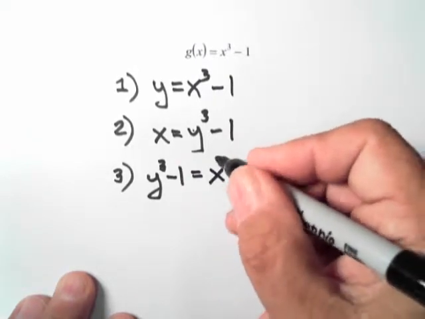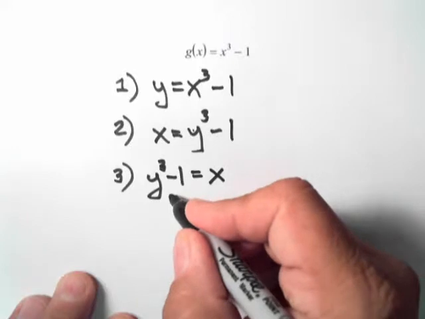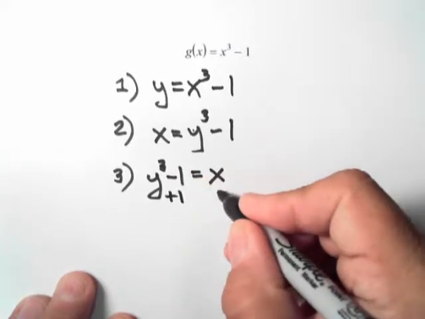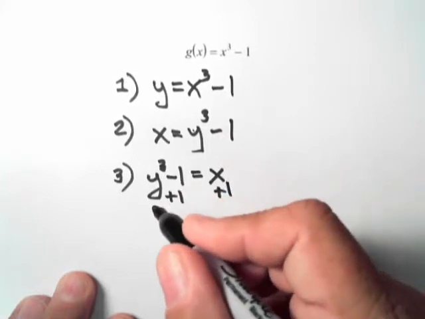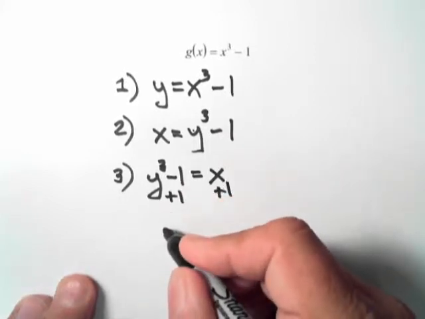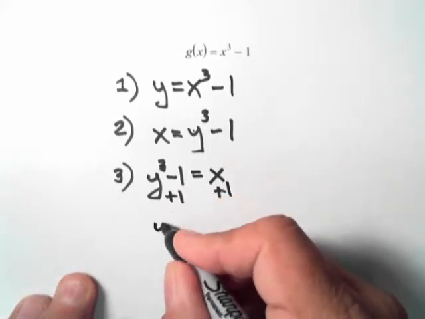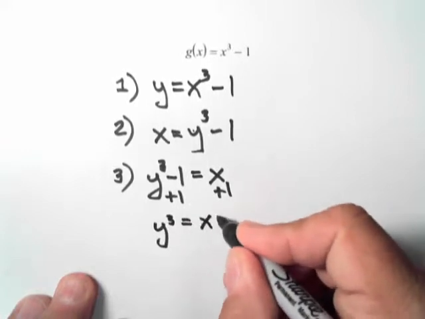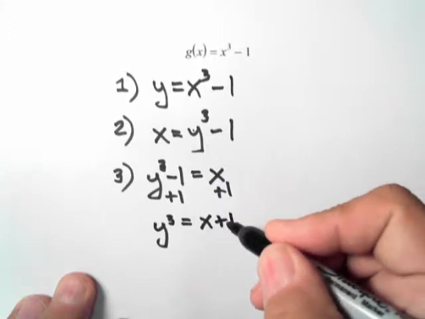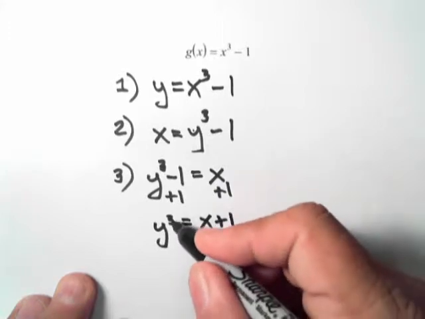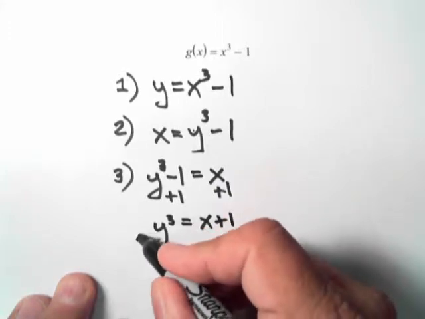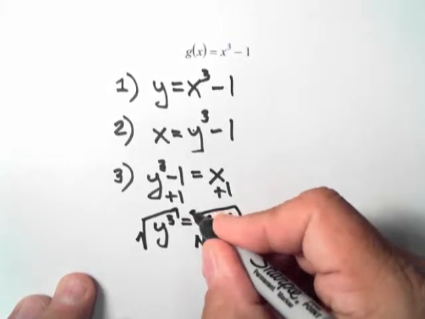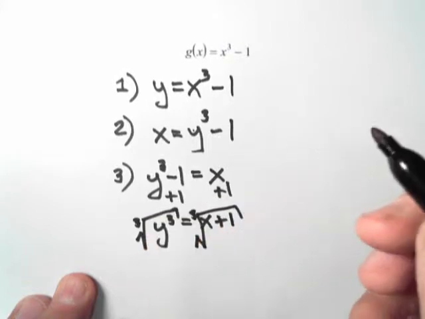You just do this. Now, the next thing I can do is I want to get rid of this minus 1, so we know in solving equations we add 1 to both sides. So now what I've got here is y cubed equals x plus 1. Okay, well now to get y, I've got to take the cube root of both sides. So here we are. I can indicate it like this.